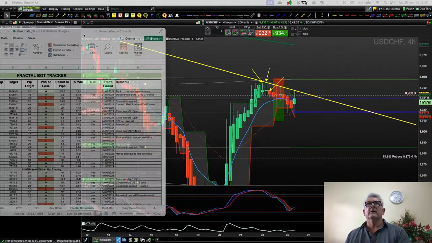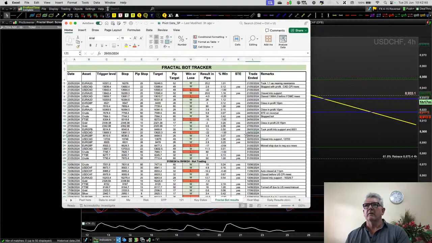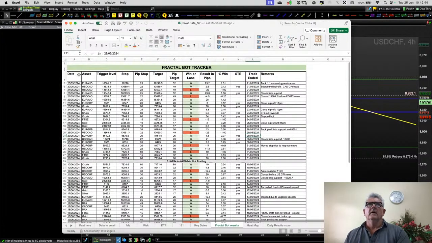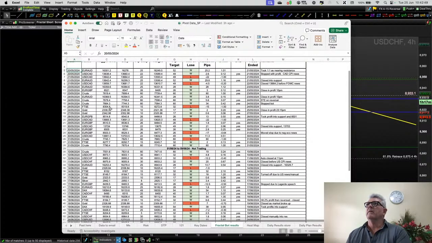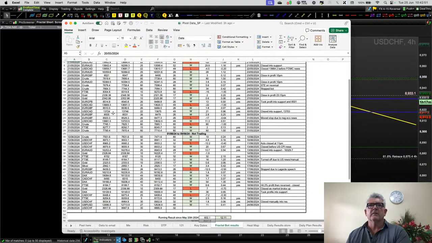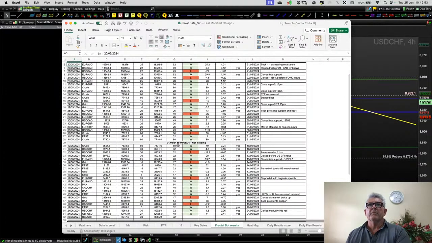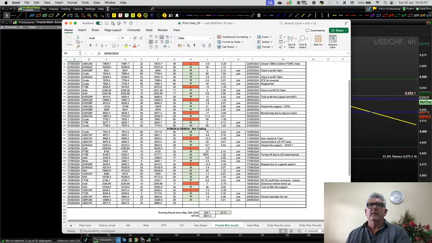I think I can now do the analysis in our fractal box. The tools that we are using started on the 20th of May. We're now on the 25th of June, so it's kind of one month, because we took a week off trading here. And these are the bot tools, and we're running.